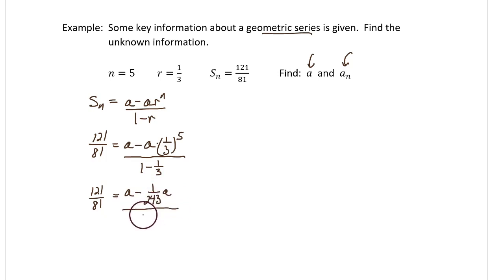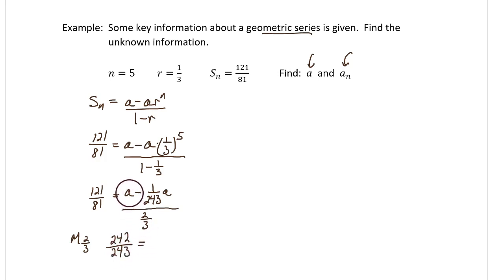And the denominator is 2/3. Next step, we can multiply both sides by 2/3 because that will get rid of the dividing by 2/3. So on a calculator, 121 over 81 multiplied by 2/3 makes 242 over 243.